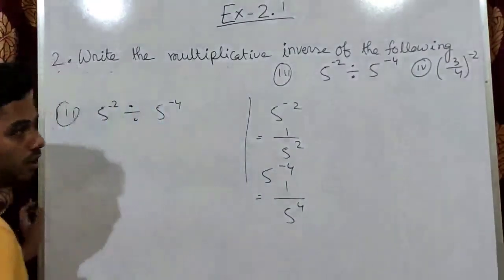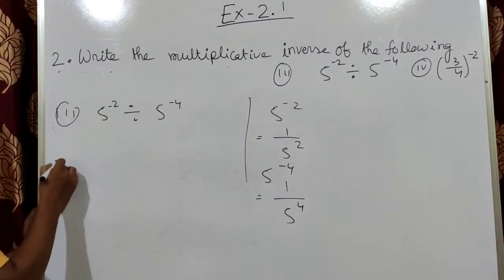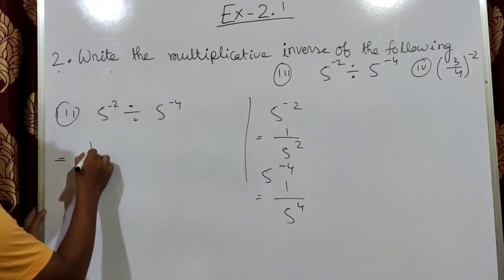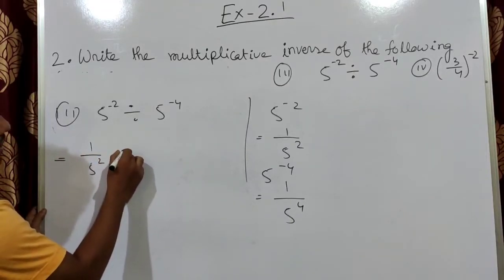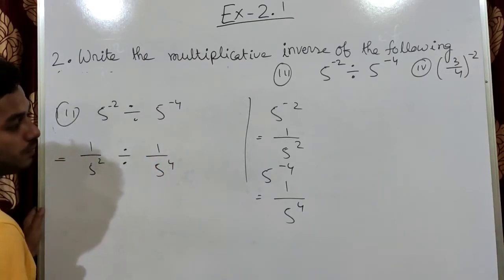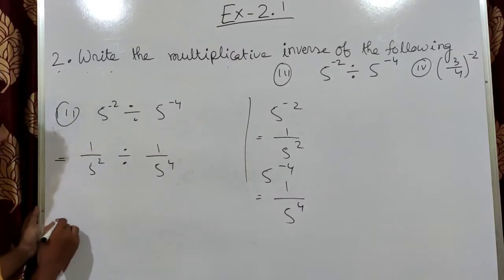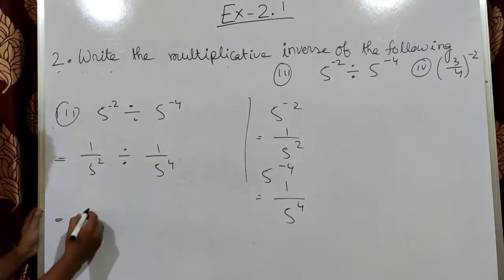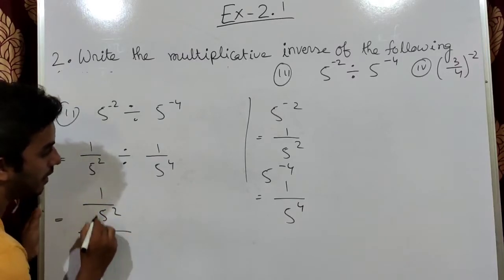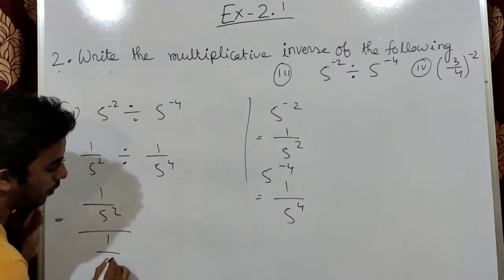Now we will write this in this form, that is 1 by 5 square divided by 1 by 5^4.